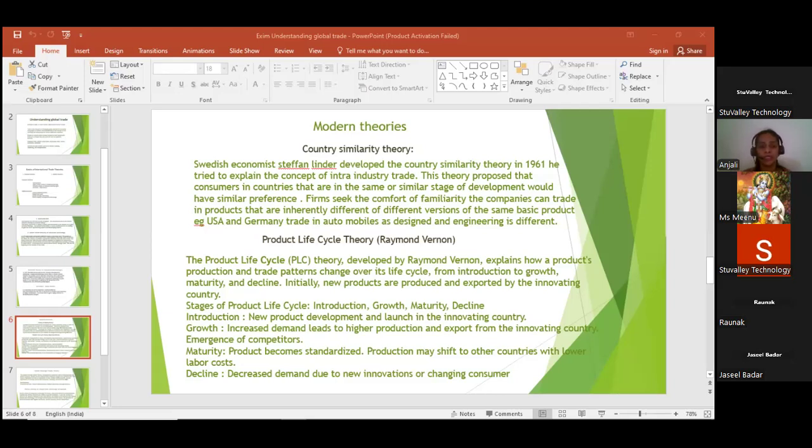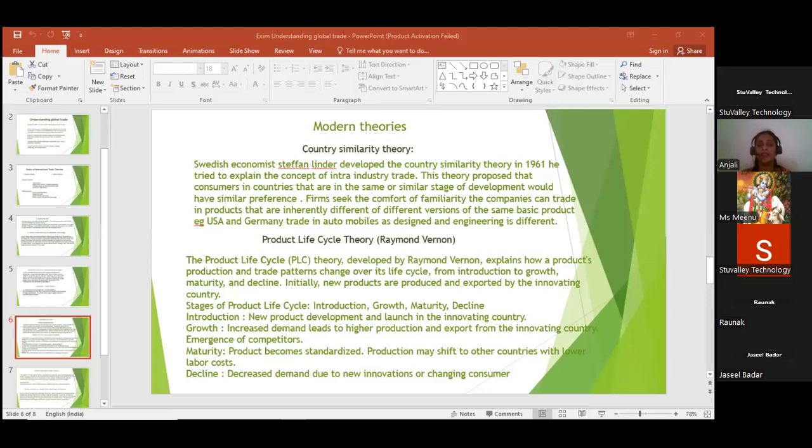Next comes the product life cycle. The product life cycle theory is also known as Raymond Vernon's theory. For example, one particular product in production has a life cycle. It starts from introduction and goes to decline.